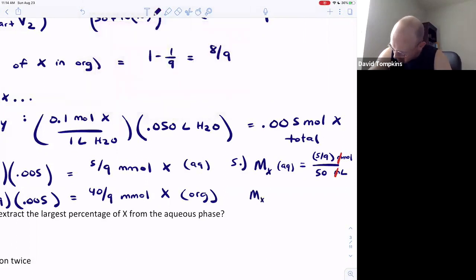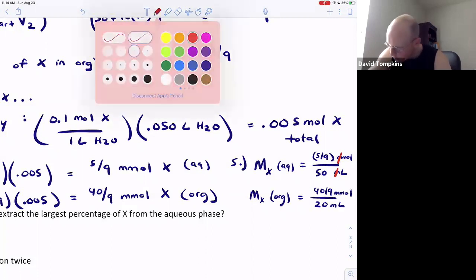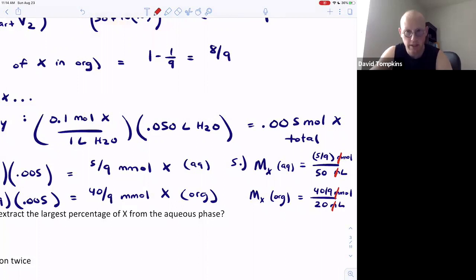And the molarity of X in the organic layer is the other mole value we found, 40/9 over 20 milliliters, because we combine the two 10 mL fractions. Once again, milli cancels out to give moles per liter. So you can solve those out explicitly and you'll get some decimal values.